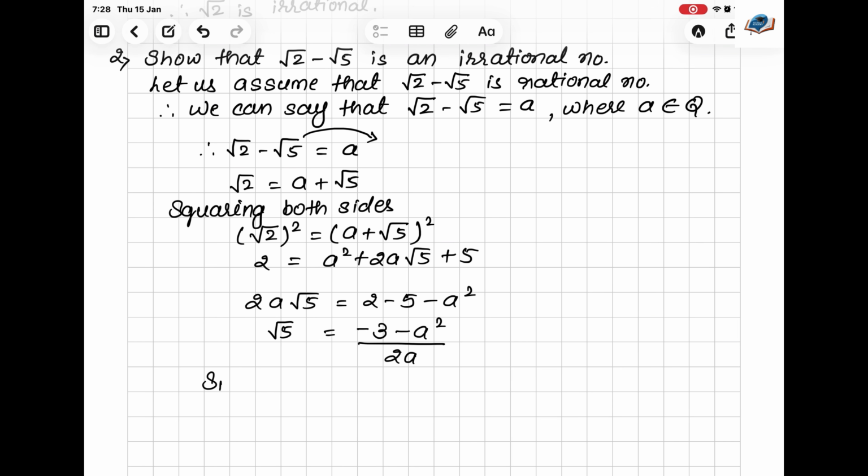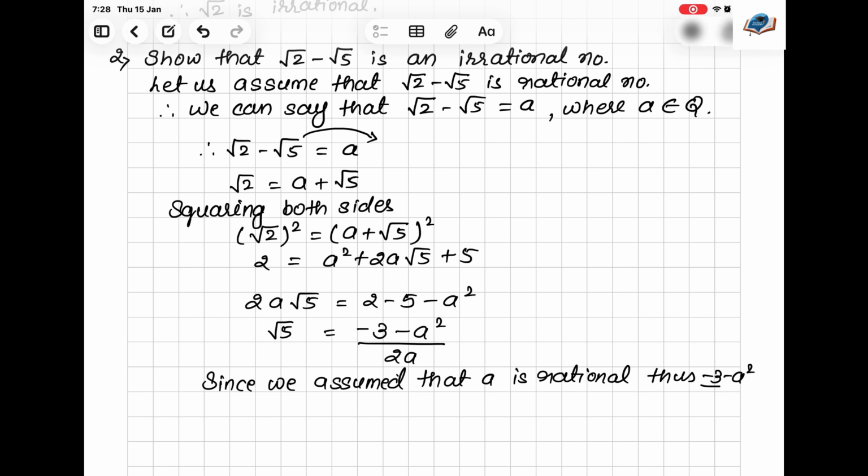So, since we assumed that a is rational, minus 3 minus a square upon 2a is a rational number.